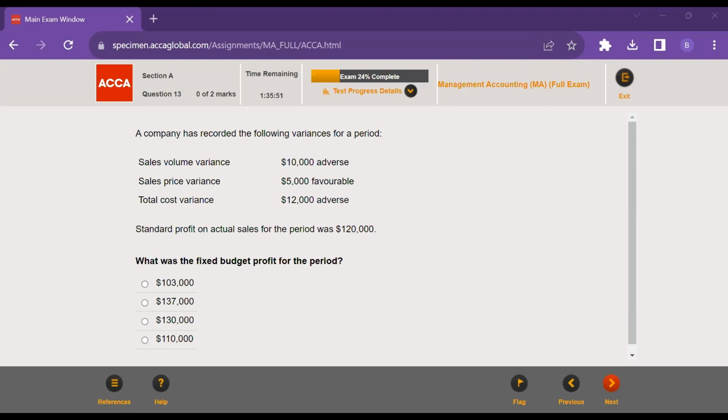So your fixed budget profit will be nothing but the sum of your standard profit on actual sales plus your sales volume variance.